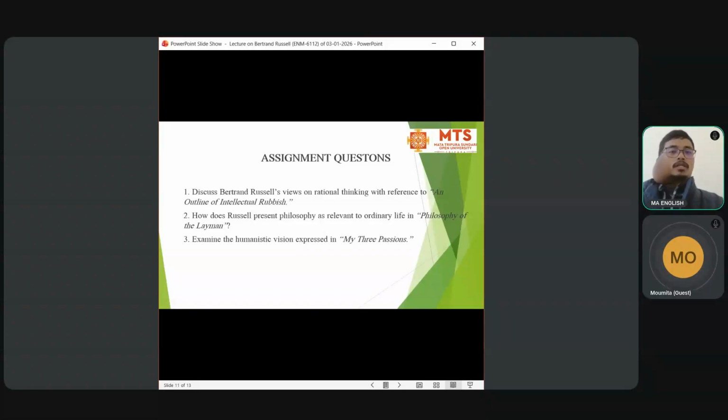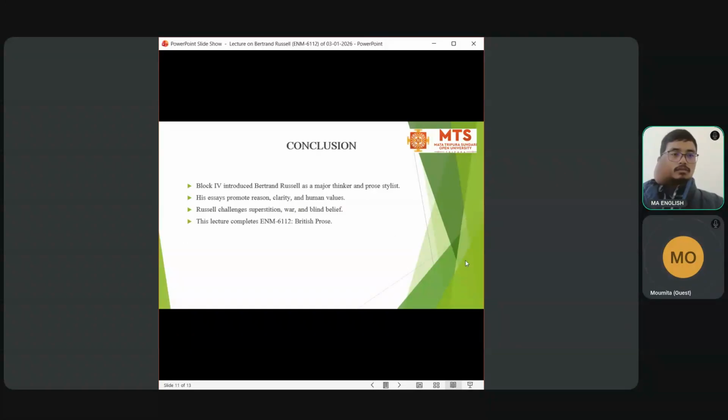Okay, now let's move on to the conclusion. Though it is the final block of this paper, British Prose, Block 4 introduced Bertrand Russell as a major thinker and prose stylist. As we have already discussed, his essays reflect a deep commitment to vision, clarity, and human values.